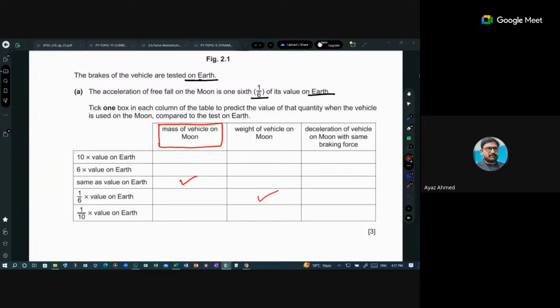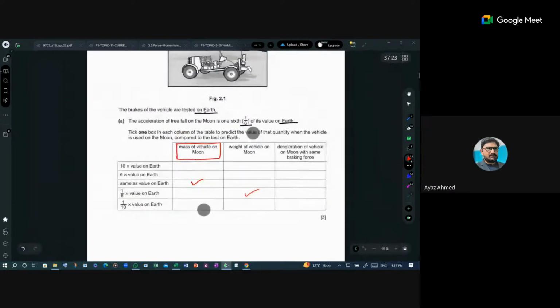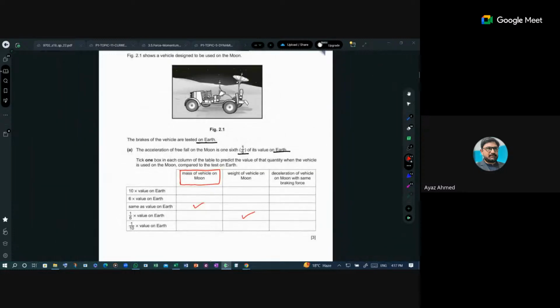Same braking force. I mean, this vehicle has brakes applied on it, and it decelerates. So will it take the same time? Will it be the same, 1/10, greater, 1/6, whatever?